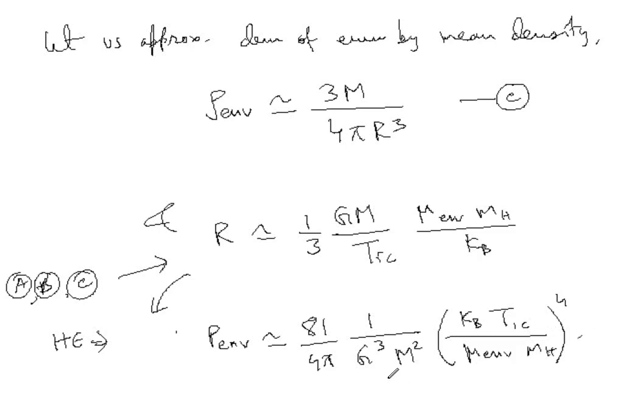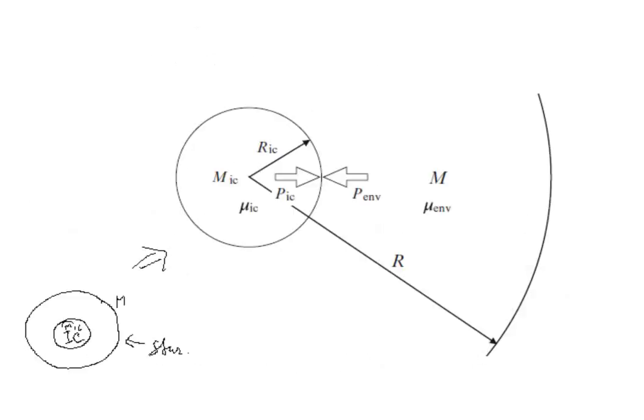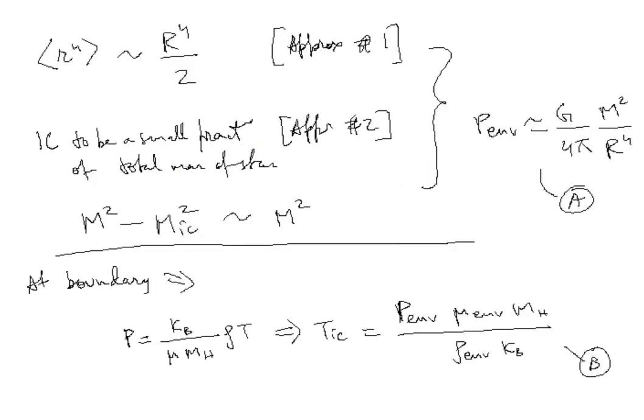Now this is the downward pressure of the envelope on the surface of the isothermal core, as we have shown you previously. Okay, fine.